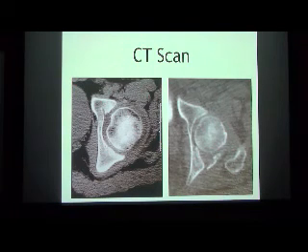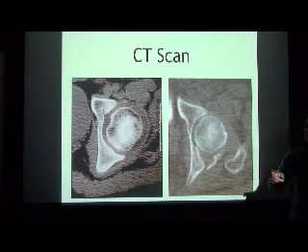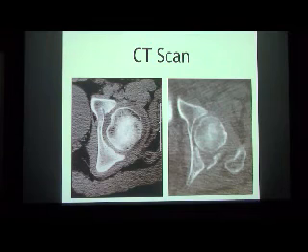So what's this? Can anyone make out what's going on? You can see on the image on the left, there's good congruence of the acetabulum. What's happened on the right? Posterior wall is fractured, yeah. And what about the shape of the joint? Marginal impingement? Yeah, we call it something else. Impaction, where it's crushed in.